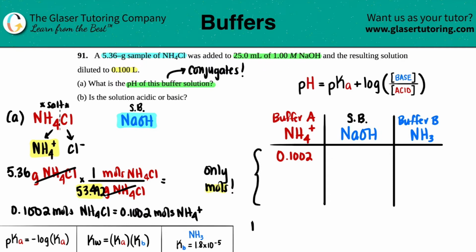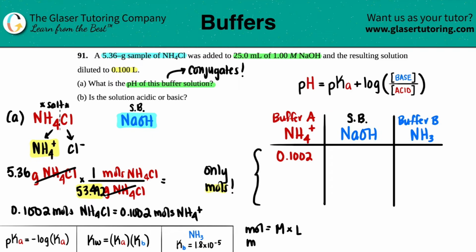But if I remember my molarity formula, molarity equals moles divided by liters, I can find out the moles by cross-multiplying. So the amount of moles would be equal to molarity times liters.